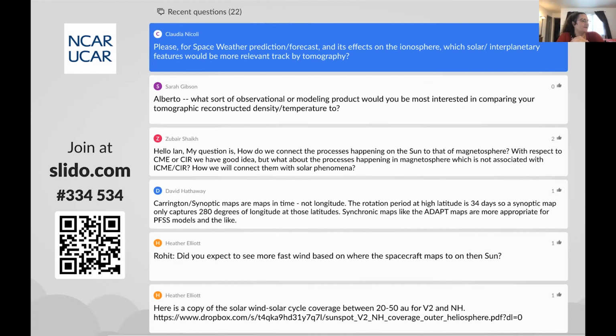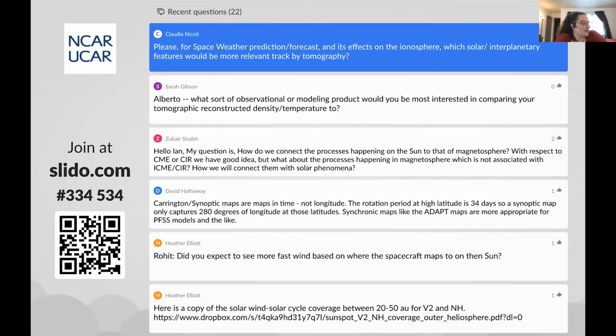If you're talking about tracking structures from the sun, it's going to be easiest to track the bright features that stand out. So the CIRs are going to be easier to track than the fast wind, which is less dense and less bright. But the lower down you can go, looking at the fainter features, the more likely you would be able to do the tracking from the optical images.